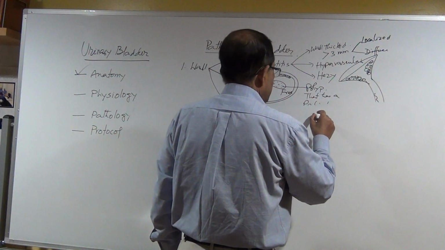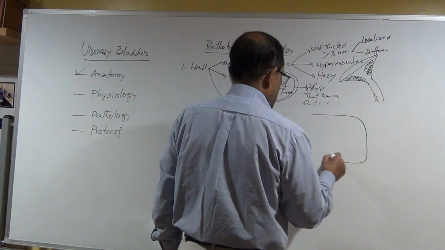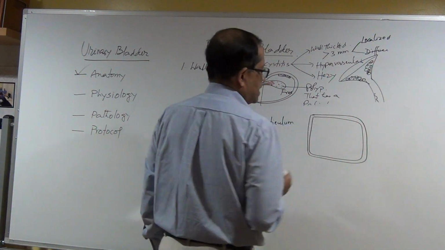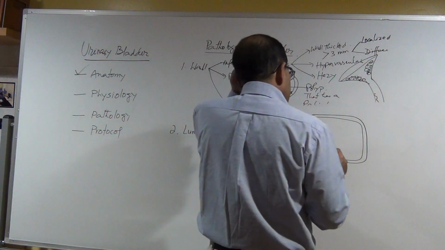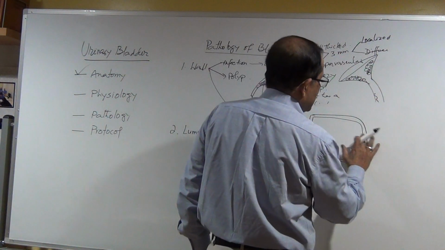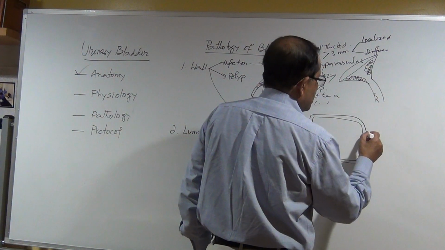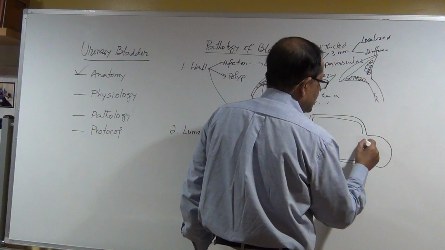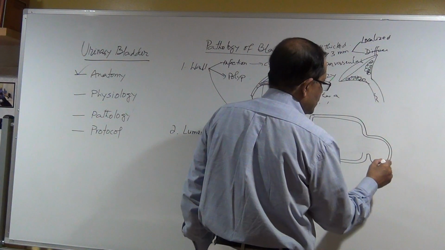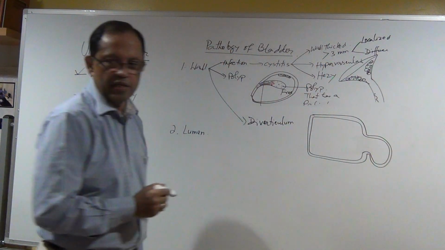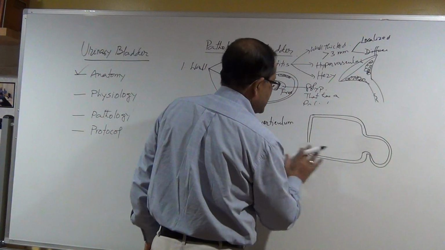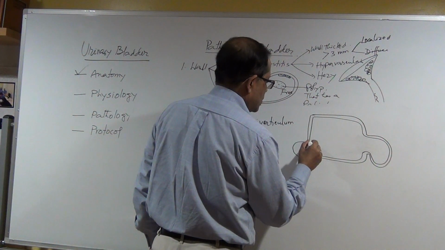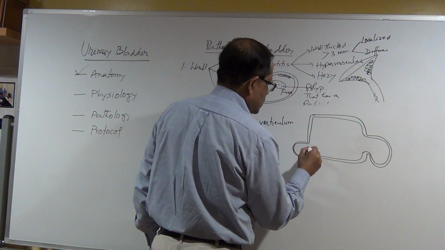So this is a bladder, I'm just showing you, a normal bladder in transverse view, and if you see this bladder wall, there's an outpouching on this side, or this side.